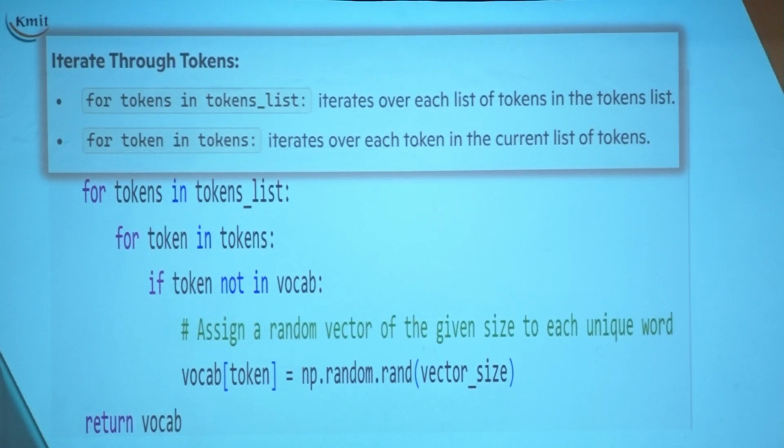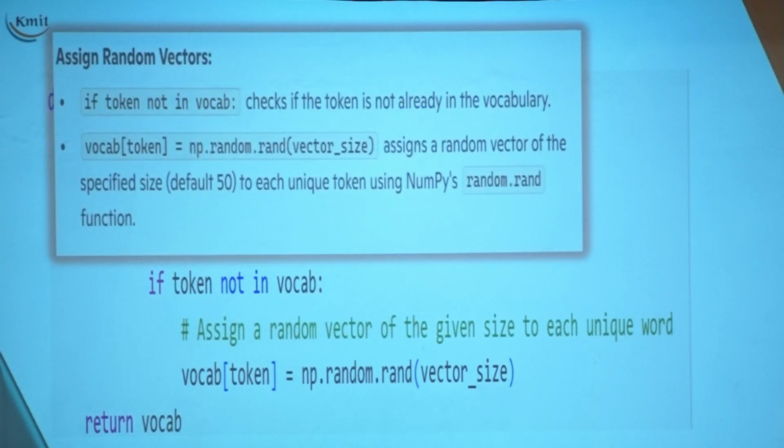Look at this particular thing. Why have I written this instruction there? Tokens, can they be repeated? No. Tokens have to be unique. Do you remember what method we used in our last exercise to give that uniqueness? Set method. Here I am just going through and checking if any token is repeated using this if condition.